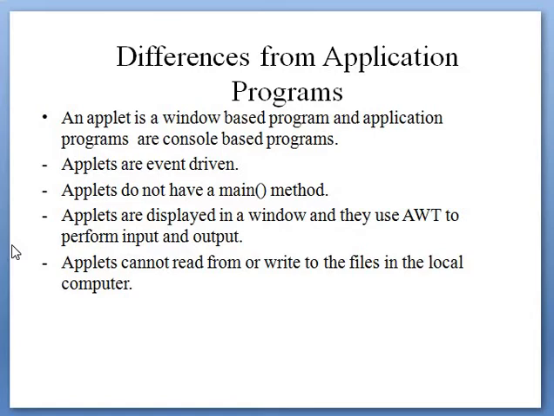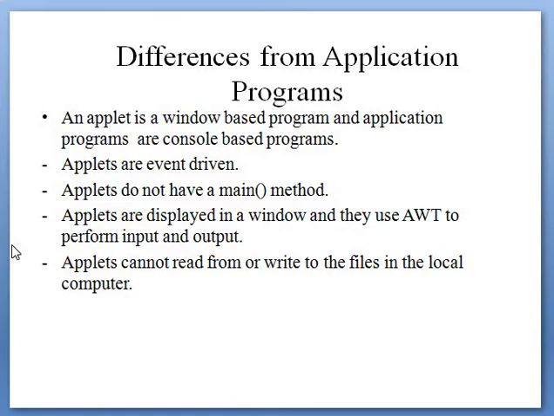Applets do not have a main method. Unlike public static void main in normal application programs, an applet does not have a main method. We are not telling the Java virtual machine where to start the execution. Applets are displayed in a window and they use AWT to perform input and output.